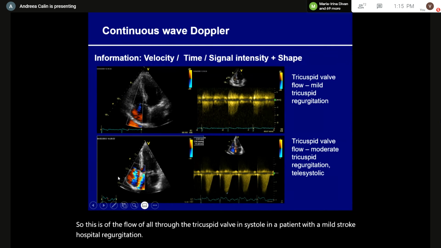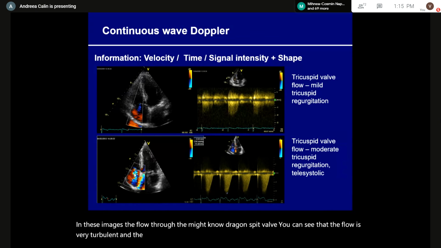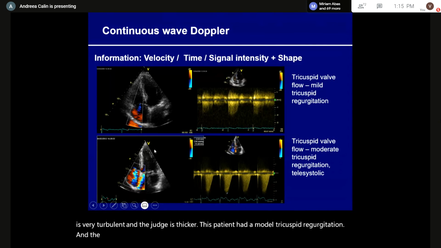And in these images, the flow through the tricuspid valve, you can see that the flow is very turbulent and the jet is thicker. This patient had a moderate tricuspid regurgitation, and the velocities were higher because there were higher pressures in the right ventricle in this patient.